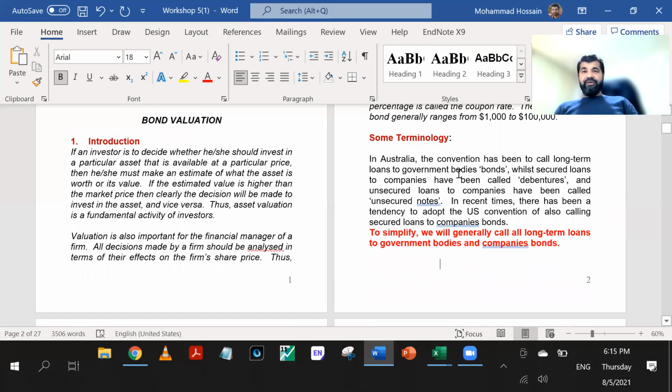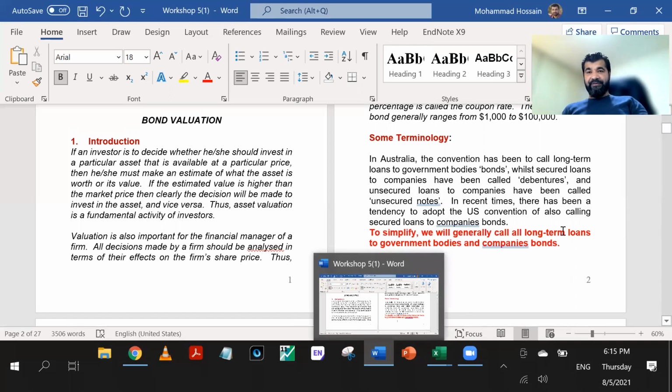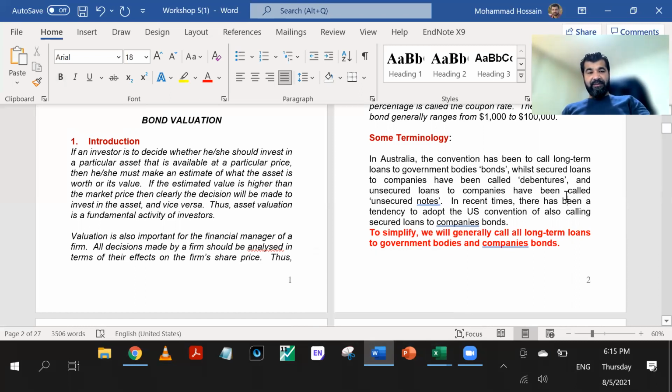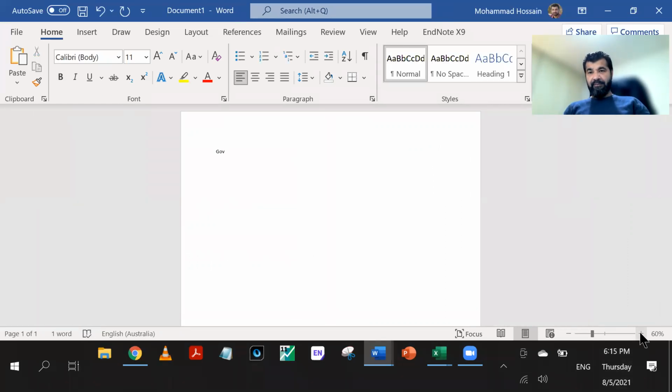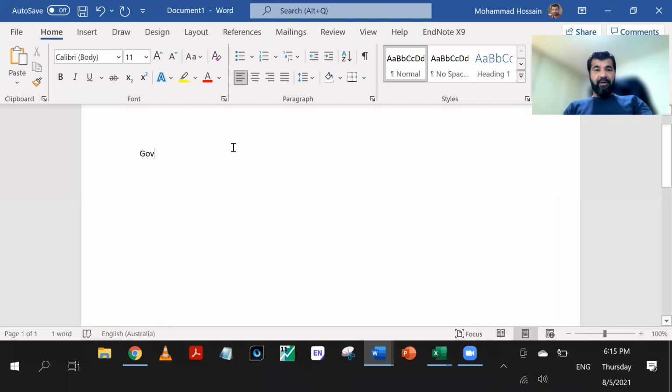So in Australia, long-term loans to government bodies are called bonds, while secured loans to companies have been called debentures. Don't get confused with all these terms, okay? Have a look. Government is called bond.